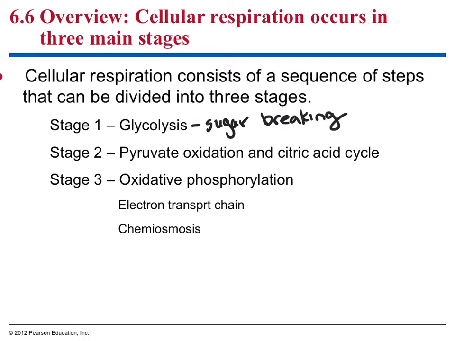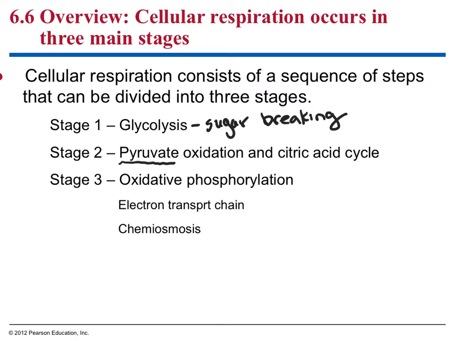And the name of those two separate molecules is pyruvate. They're both 3-carbon molecules. Remember, glucose is a 6-carbon molecule. So if we split glucose right down the middle, we get 2 3-carbon molecules.